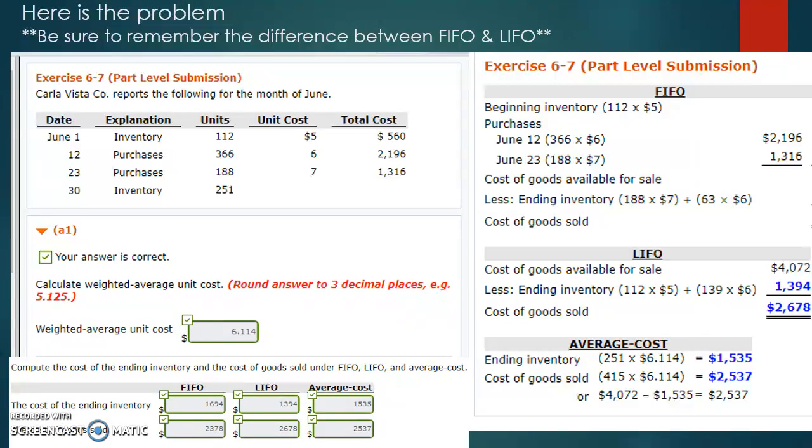Maybe before I do that, I want to explain an example of a mistake that I made. I missed the answers for FIFO and the answer for LIFO. I mixed them up, so it's something we can take note of.